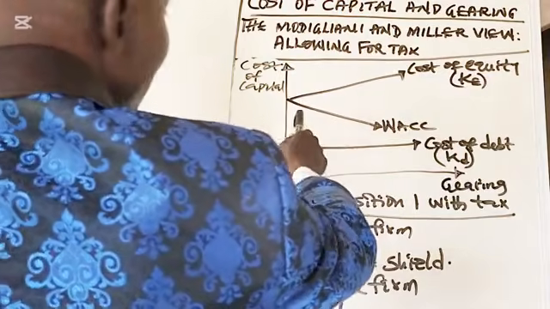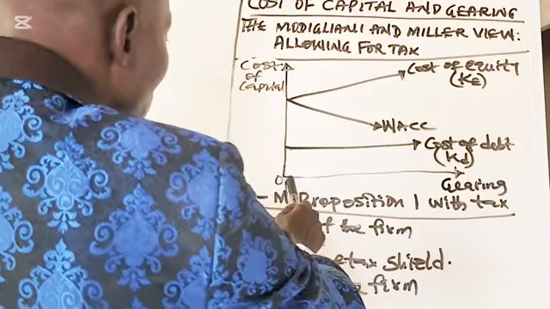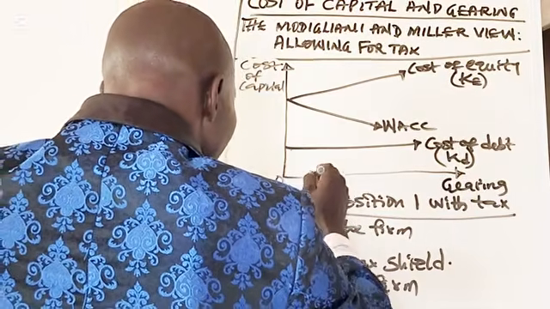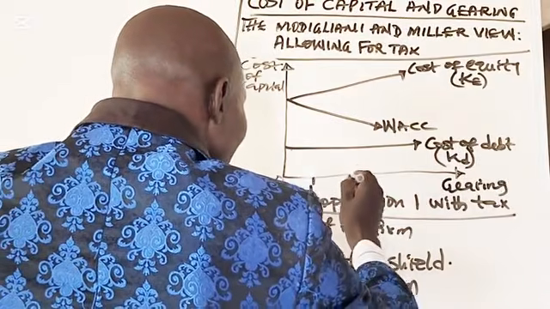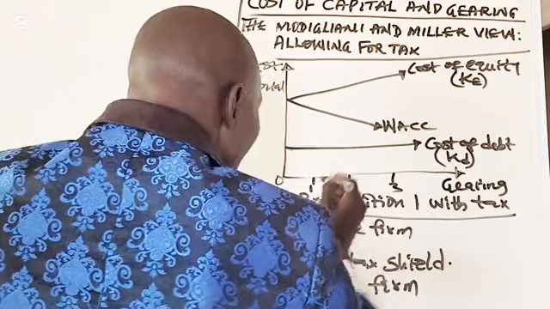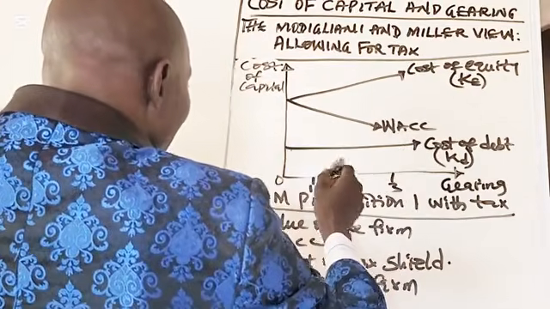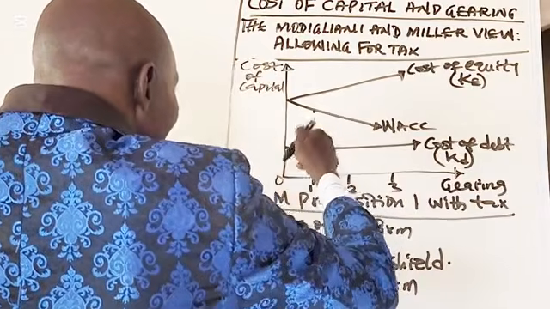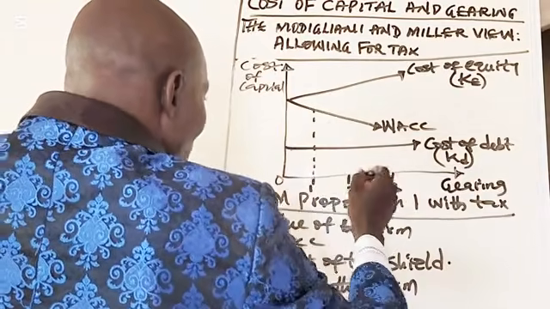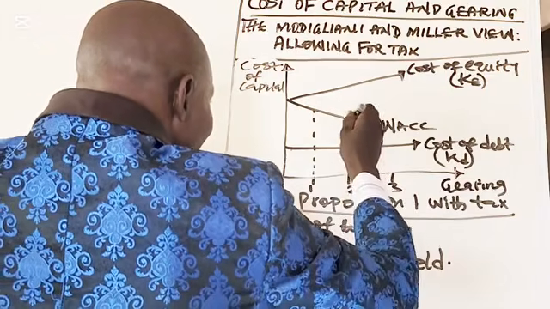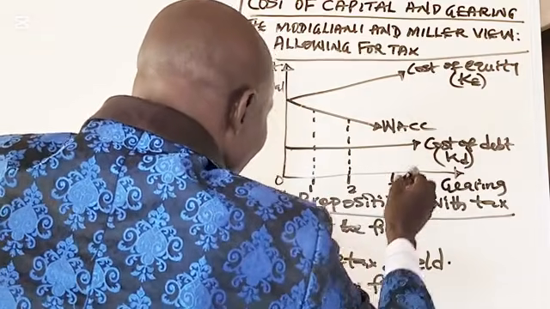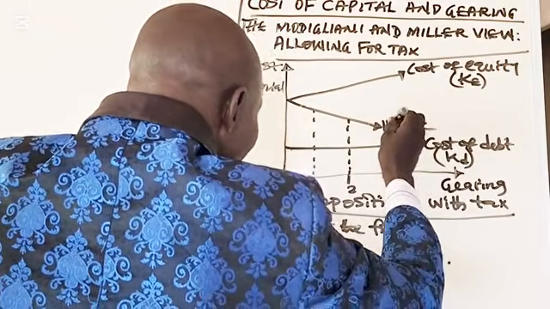If you look at the WACC from this diagram, what happens as gearing increases? At a low gearing level, WACC is still very high. As the gearing increases, WACC is decreasing, and it decreased further.